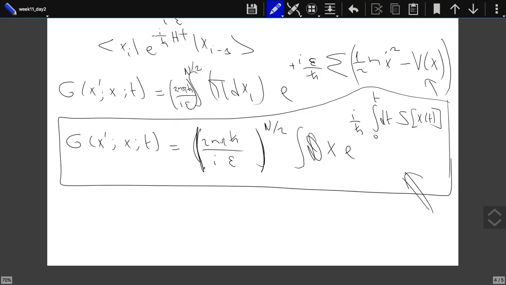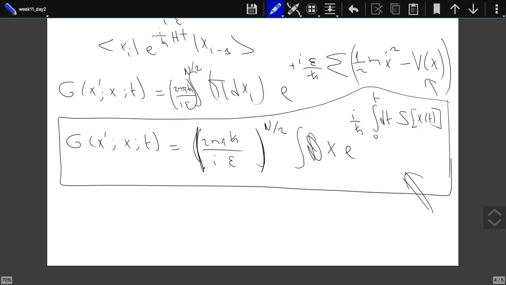Of course, unless when you change your path slightly, S might not change at all. If when you change your path slightly, S doesn't change at all, then there won't be any cancellation. But for all other paths, there will be a huge cancellation.